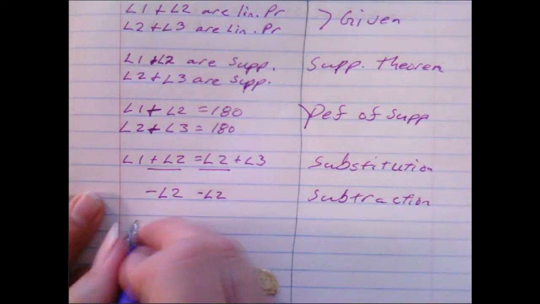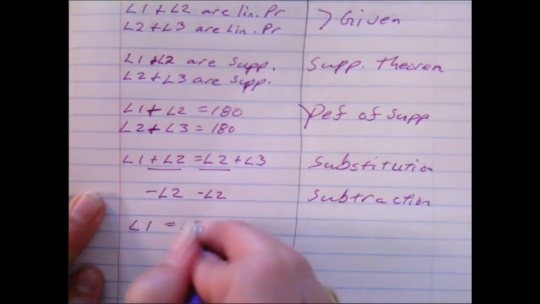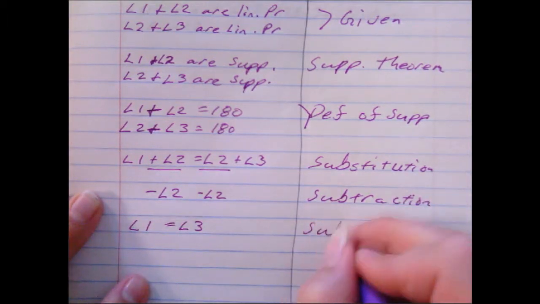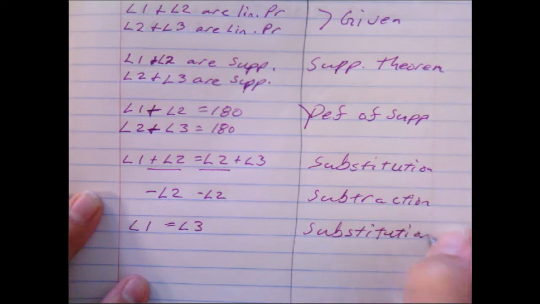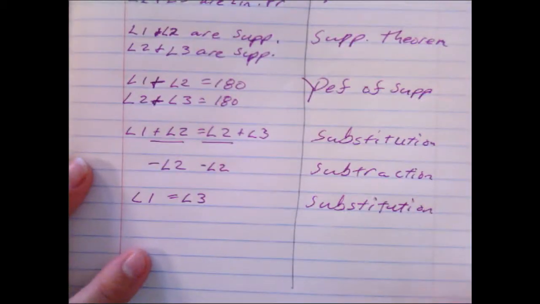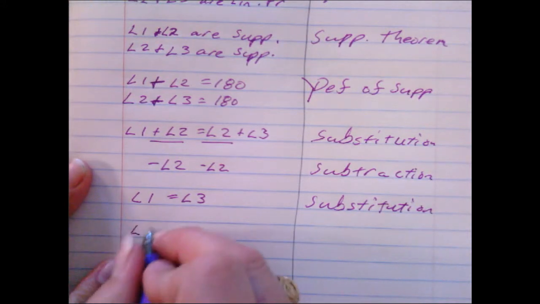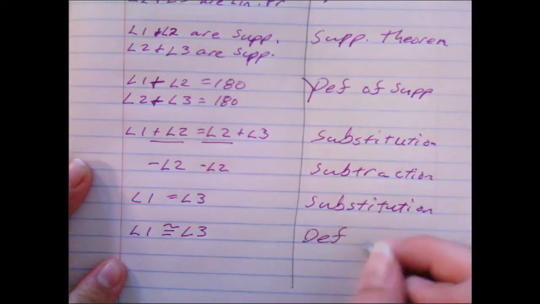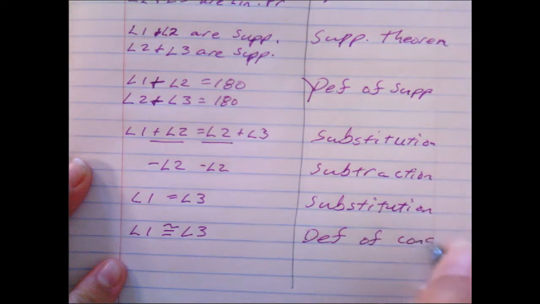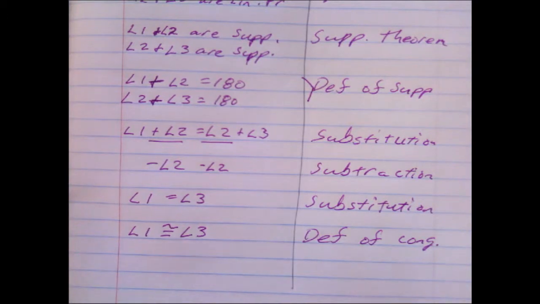And then that leaves me with angle 1 equals angle 3. Substitution, I simplified. And then the last piece, they want them congruent. So angle 1 is congruent to angle 3. Definition of congruent. Okay? Great job.